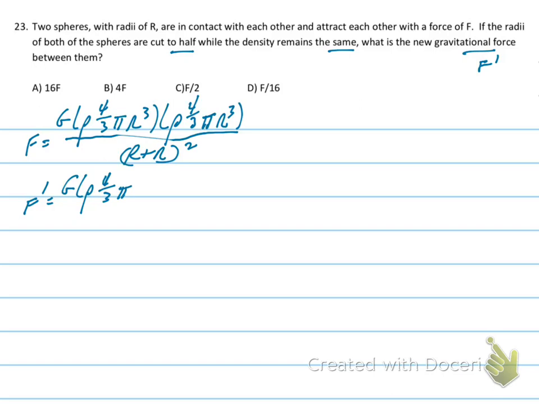pi. And for the first mass, we have to cut its radius in half. And the same thing with the second mass.